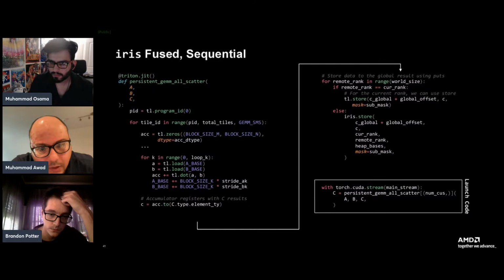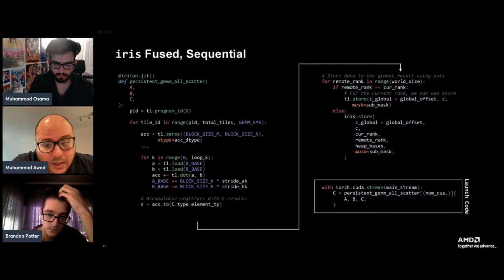On the right-hand side, you just take the C accumulator register and scatter it across all ranks. For your own rank, you can just use tl.store because this is a local access. For remote accesses, you can just use iris.store. You can also use iris.store for your local address, but you can do it this way as well. In terms of launching, there is just one kernel, so you launch it in one stream, and that's basically it.